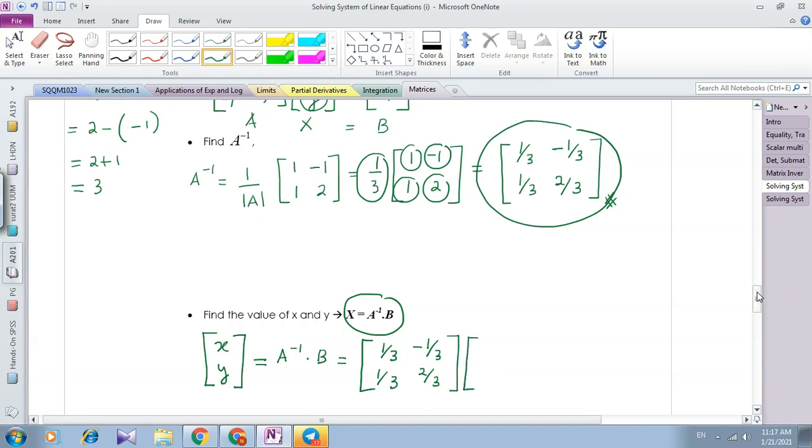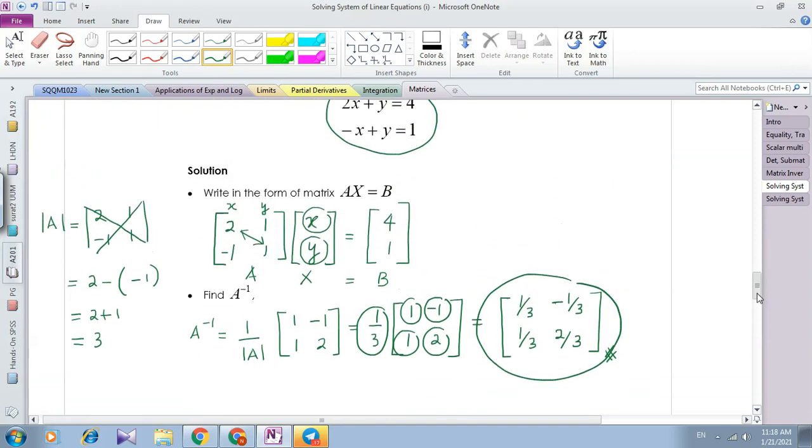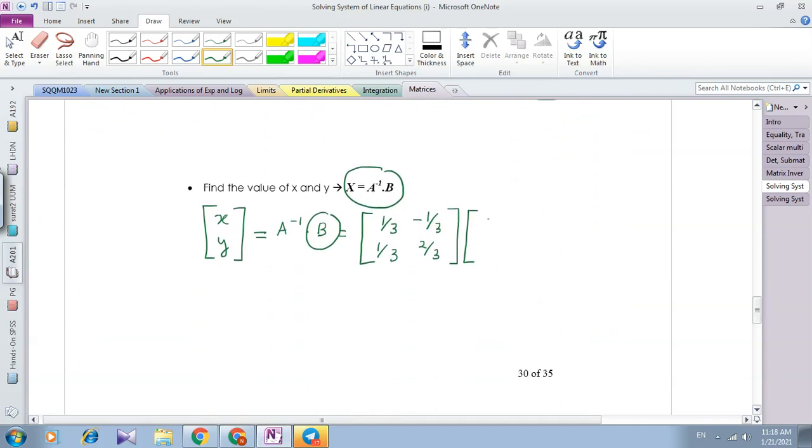Times B. What is B? This is B, the column matrix for 4, 1. And then multiply as usual. Remember, you start with the first row and multiply with the column in the next matrix.